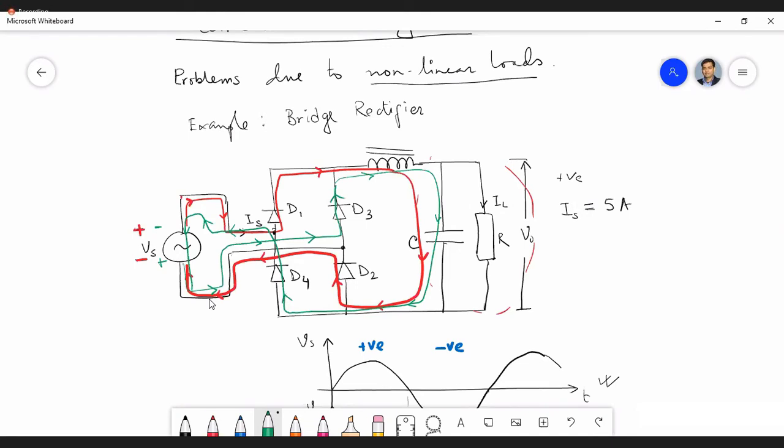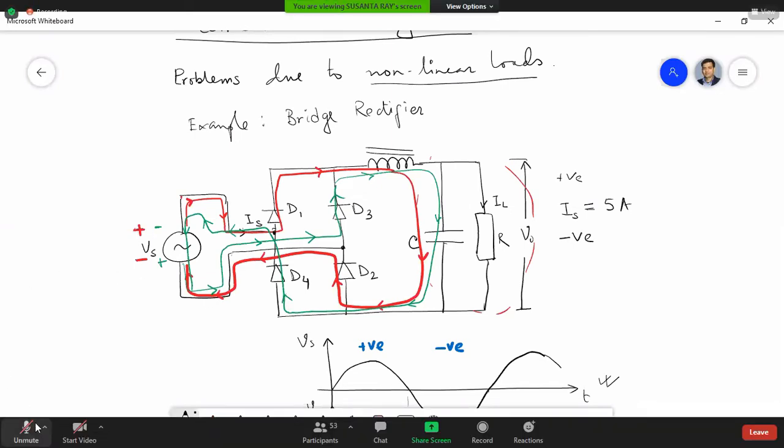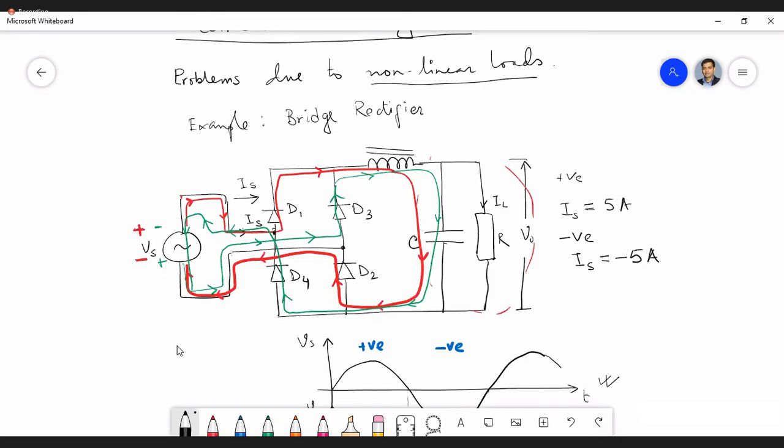Okay. Now you just tell me, in the negative half cycle of that supply, what will be the value of IS? Minus 5 ampere, if we take the direction into consideration. Why minus 5? Because the direction becomes opposite. This is the positive convention of IS.